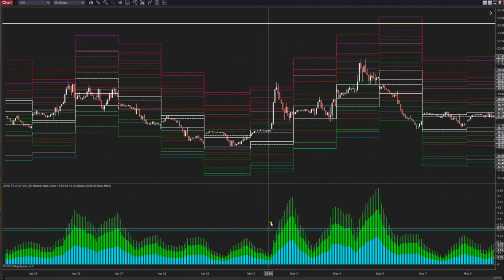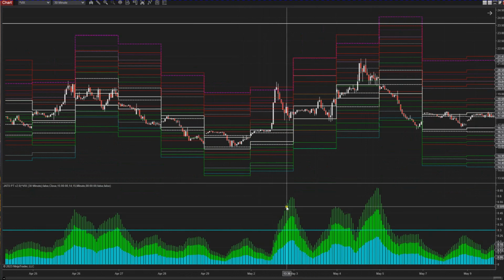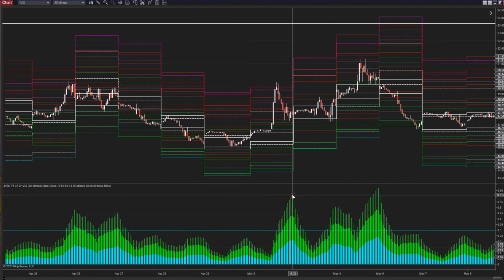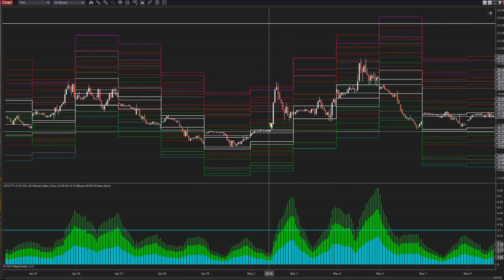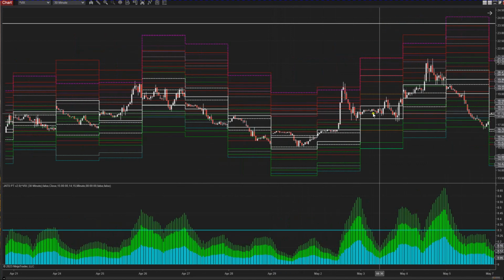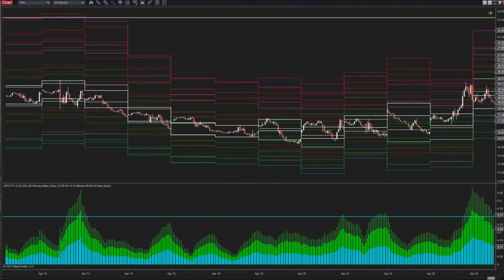And what is so helpful for me is I can measure the range expansions and just focus on those when the range is expanding outside the standard deviations going to the tails. Or at least know that you're trading inside the chop, which it spends most of its time doing.